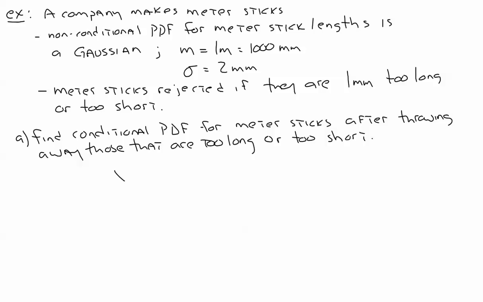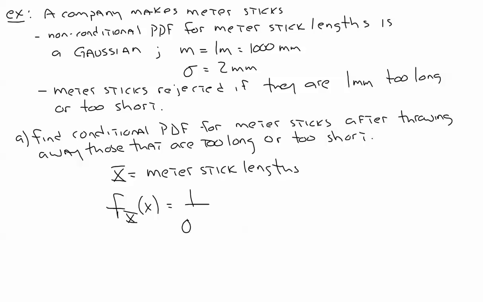We'll say that my random variable x is my meter stick lengths. My non-conditional probability density function is 1 over sigma square root of 2 pi e to the minus x minus m squared over 2 sigma squared.